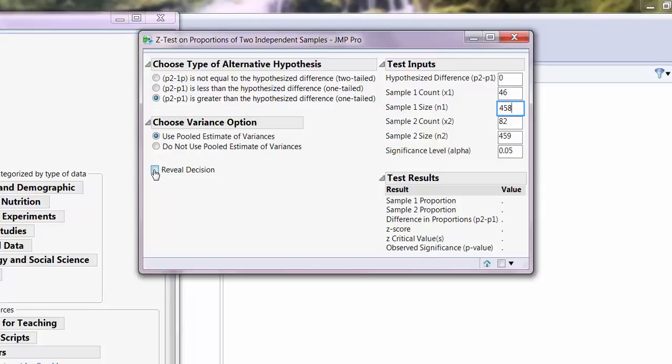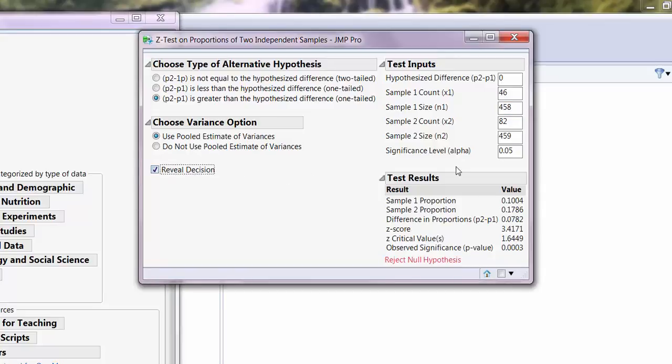And then the next step is to reveal the decision. So here under sample 1 proportion, that reveals the placebo lozenge proportion who could quit. And then sample 2 proportion shows the proportion who were able to quit in the nicotine lozenge group, so that was 0.1786.